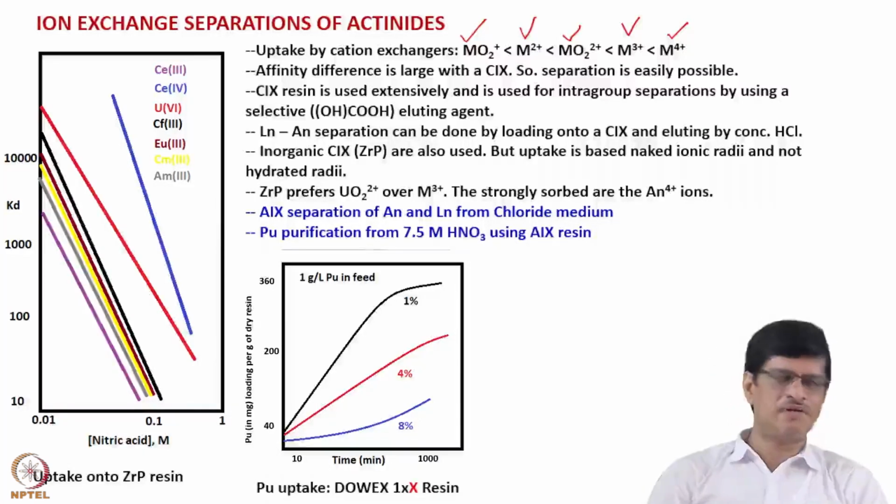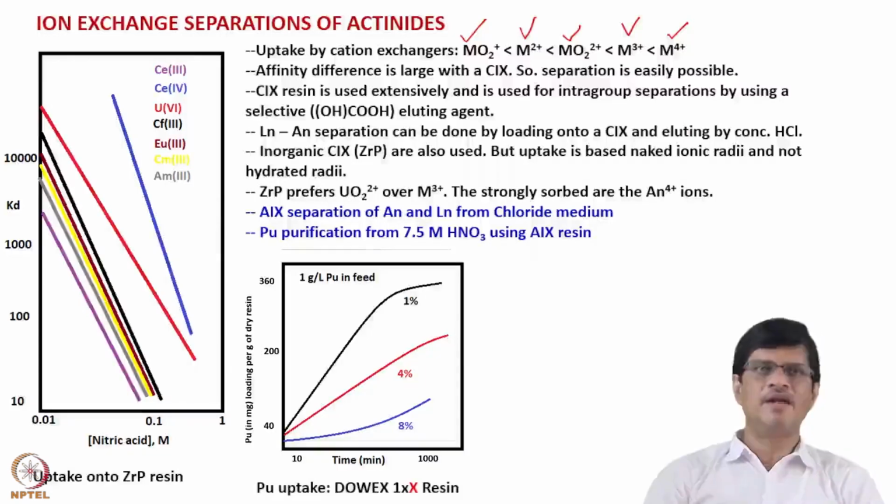The left side figure gives the uptake of actinide ions onto zirconium phosphate from nitric acid, with molarity ranging from 0.01 to 1 molar nitric acid concentration. And we have seen americium 3, curium 3, californium 3, cerium 3, europium 3, cerium 4, and uranium 6 uptake by this inorganic ion exchange reagent.